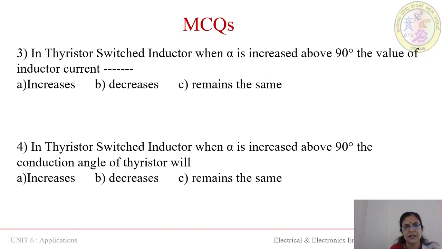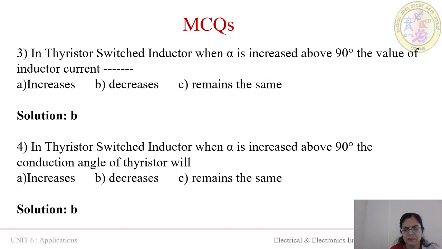We have seen that when we increase the value of alpha above 90 degrees, current starts decreasing. Next, when alpha is increased above 90 degrees, the conduction angle of thyristor will increase, decrease, remains the same. Obviously, when alpha is increased, conduction angle will decrease.